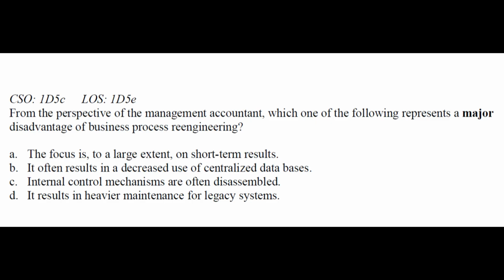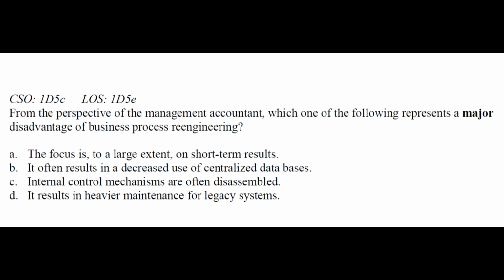C. Internal control mechanisms are often disassembled. Correct. A major disadvantage of BPR is that in the process of radical redesign, existing internal control systems may be disrupted or weakened, creating risks in governance and financial control. D. It results in heavier maintenance for legacy systems.